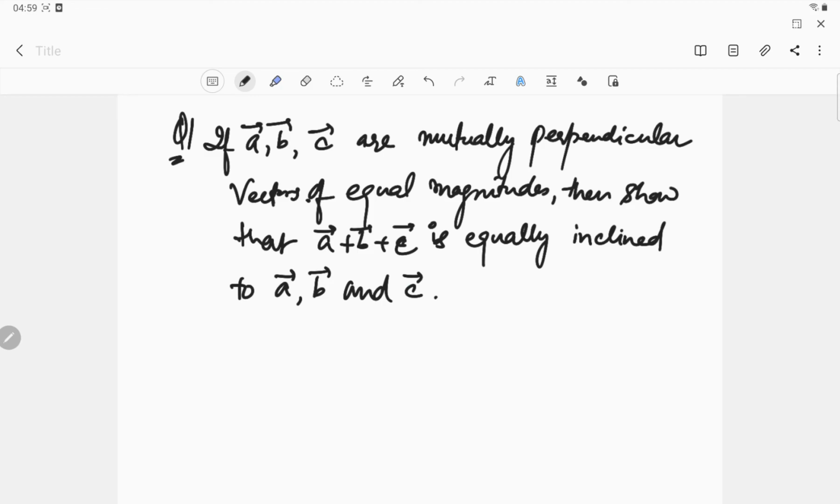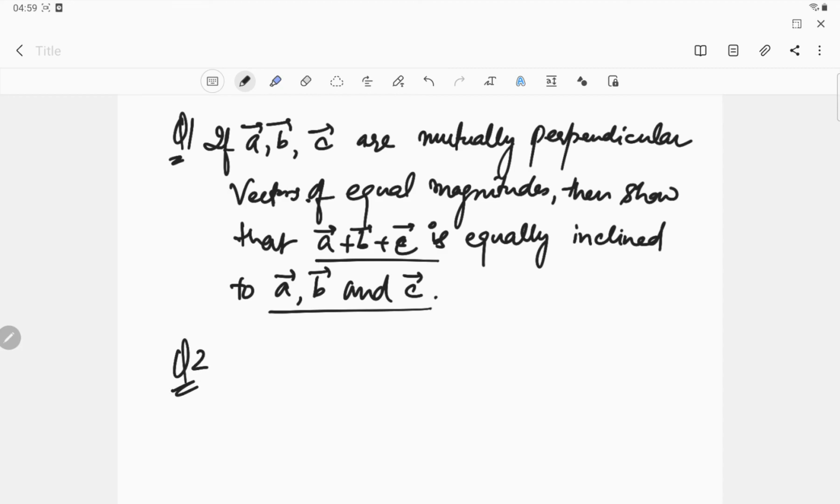So here A, B, C are mutually perpendicular vectors. Mutually perpendicular, that means one is perpendicular to the other one, and they have equal magnitudes. Then you need to show that this vector is also equally inclined to A vector, B vector, C vector respectively.